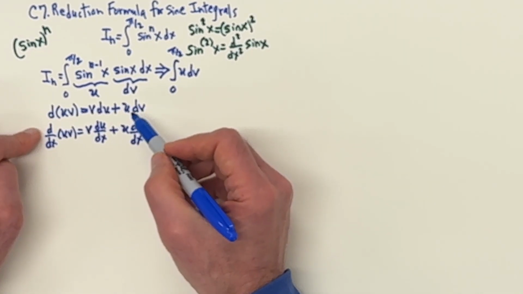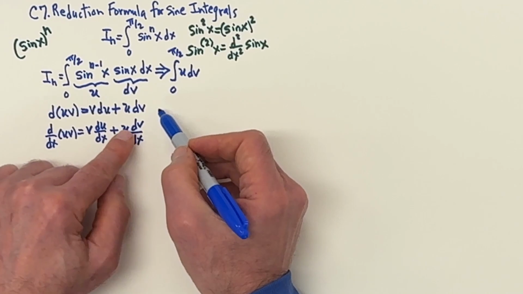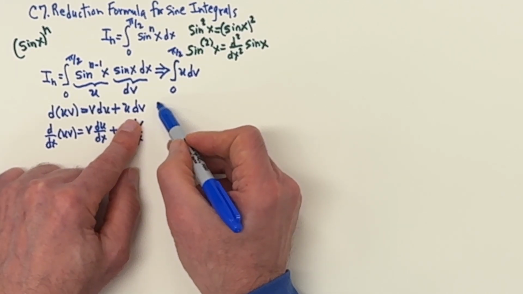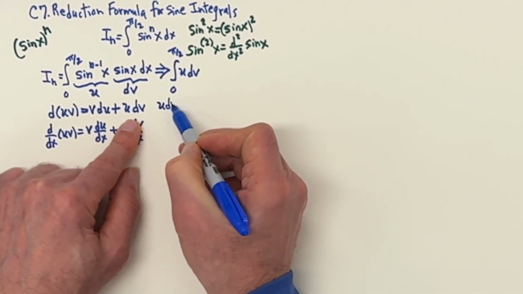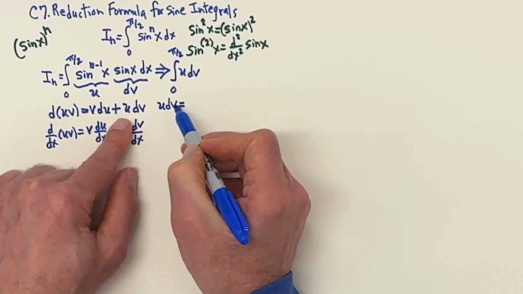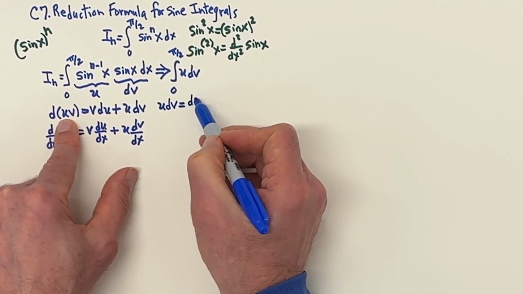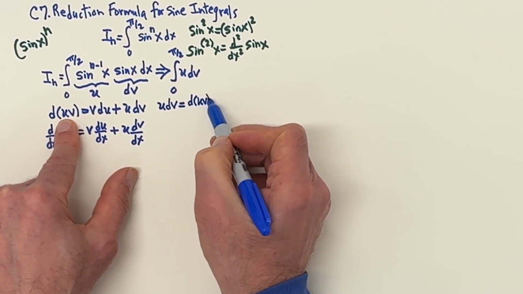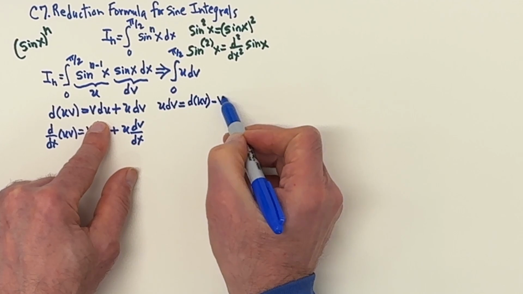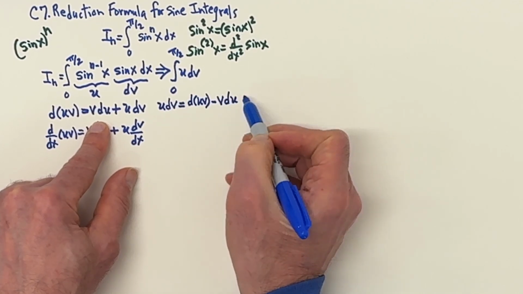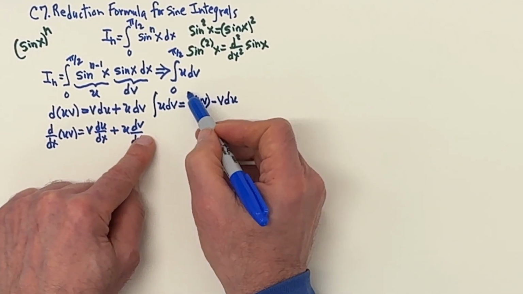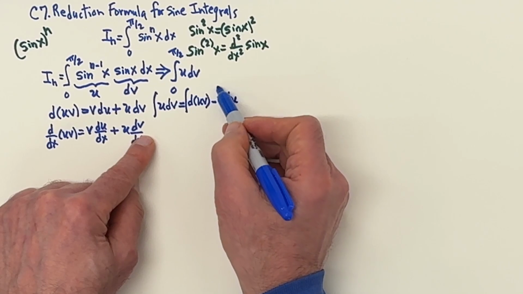And then what you can do here is look at this u dv as equal to d of uv minus v du. And we can put integral signs in front.